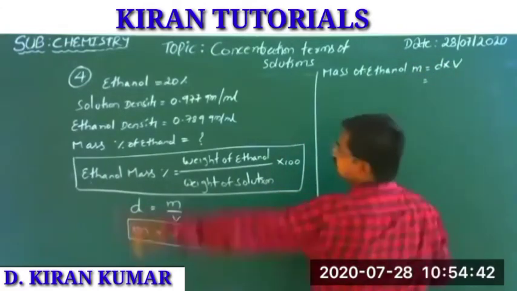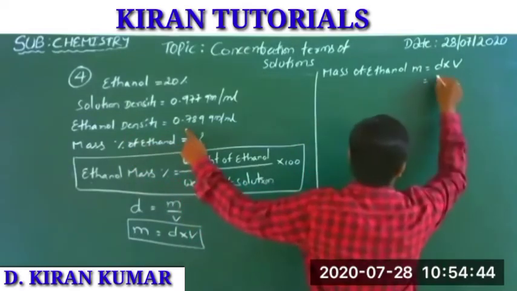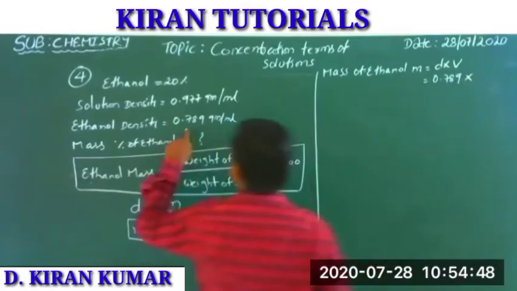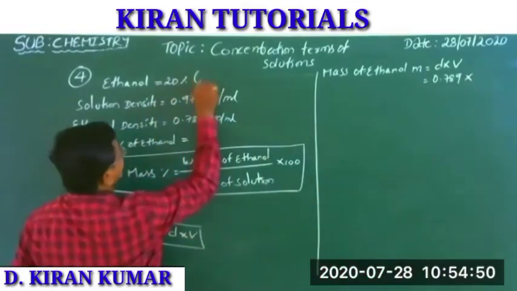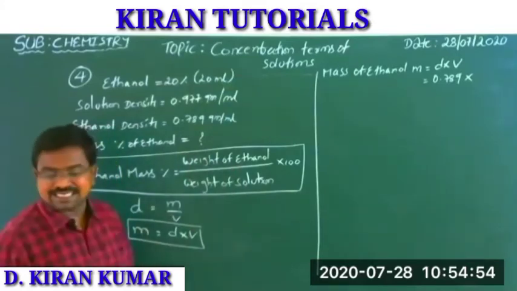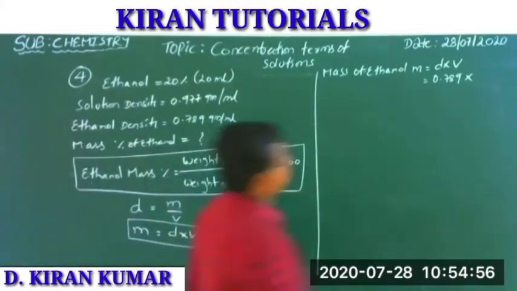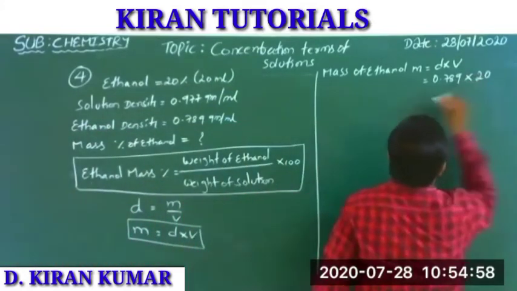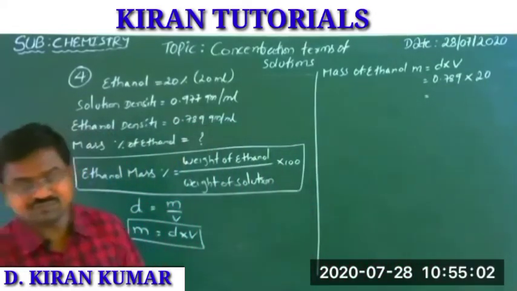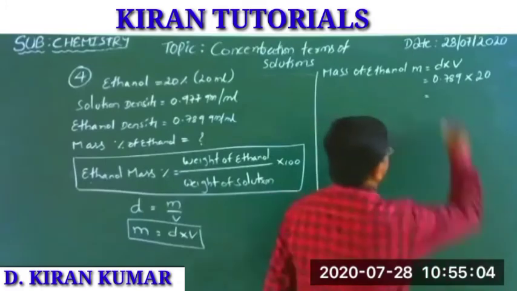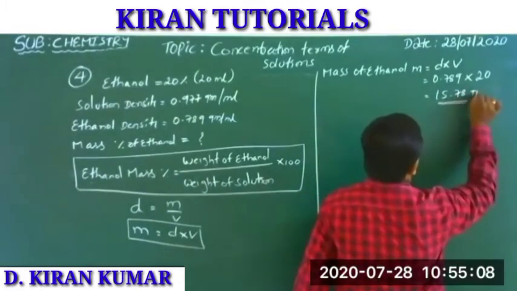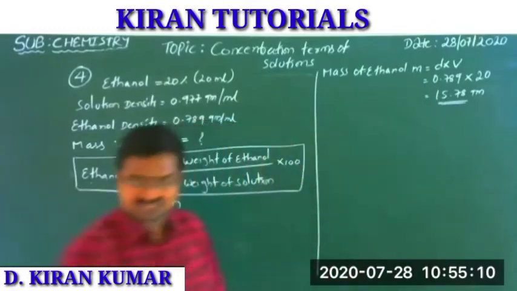What about density of ethanol? 0.789 into what is the volume? 20% means 20 ml. So into 20. What is the answer? 15.78 grams. That is mass of ethanol.